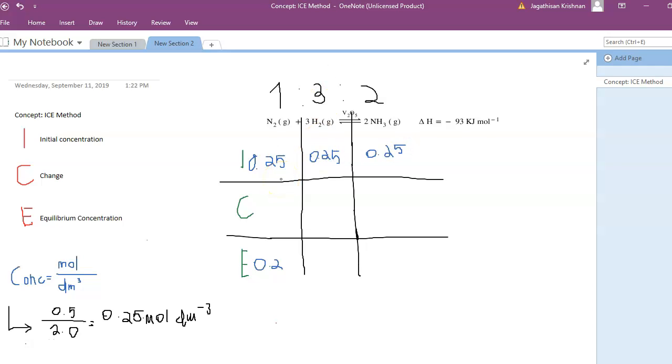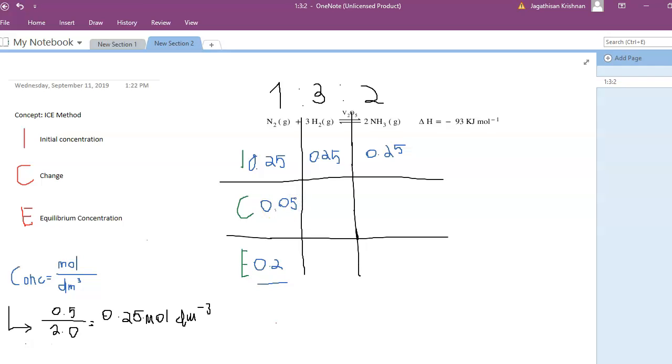Alright, then the question gives us the equilibrium concentration of nitrogen gas, which is this one right here. And so if the initial is 0.25 and the equilibrium concentration is 0.2, it means the change is 0.05.